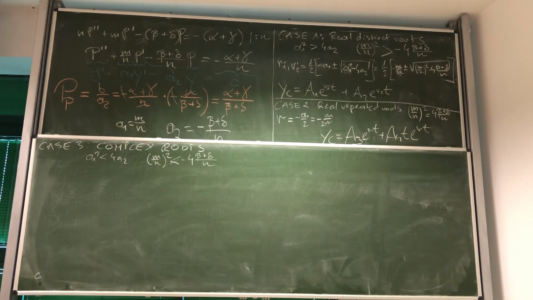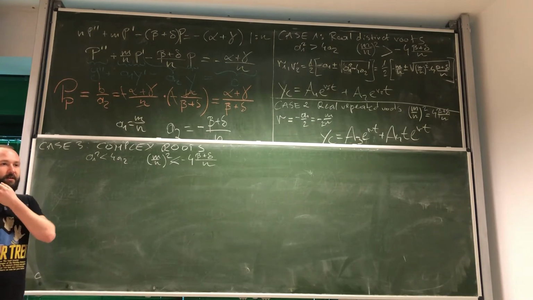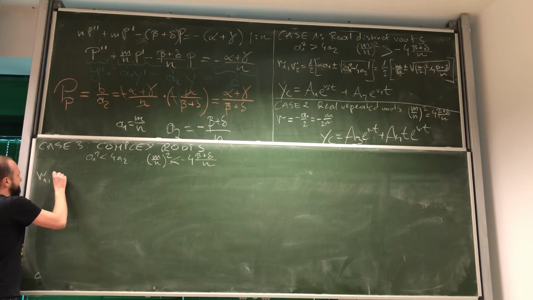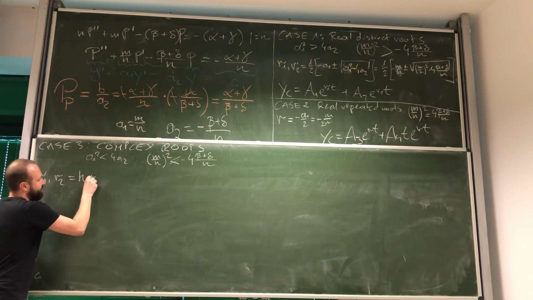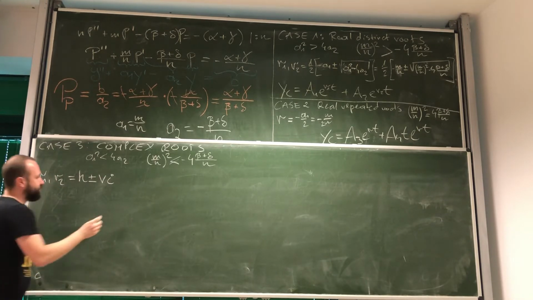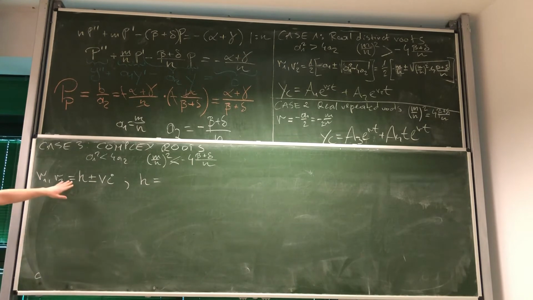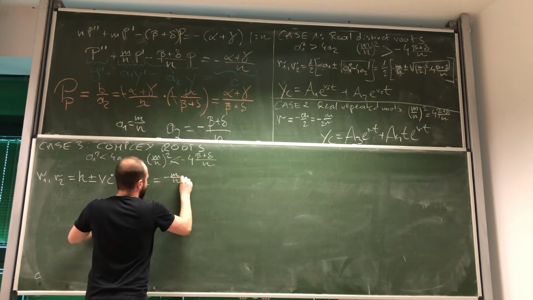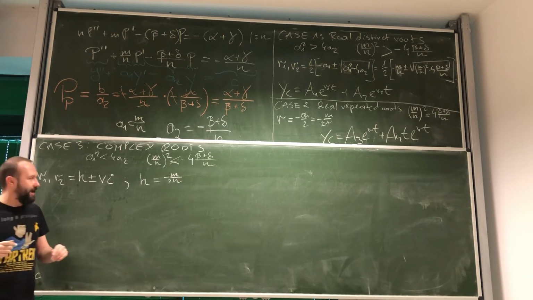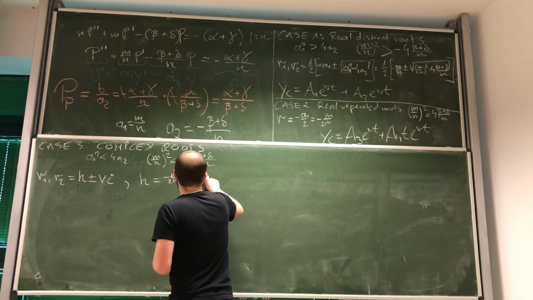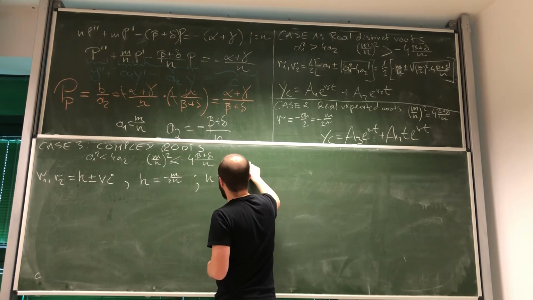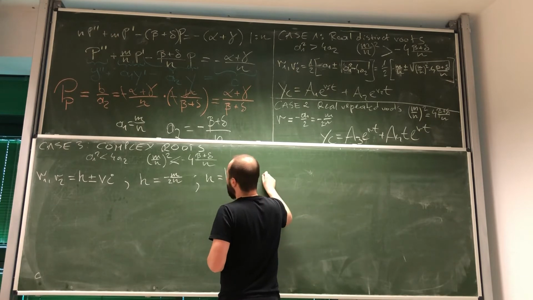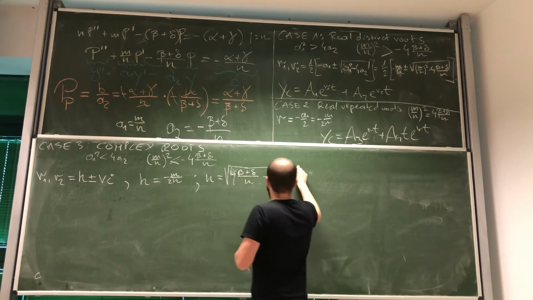Now, if this is the case, we've got complex roots, so our roots are in the form of h plus minus vi, where h is simply negative m over 2n, and v is the square root of 4 times beta plus delta over n minus m over n squared.